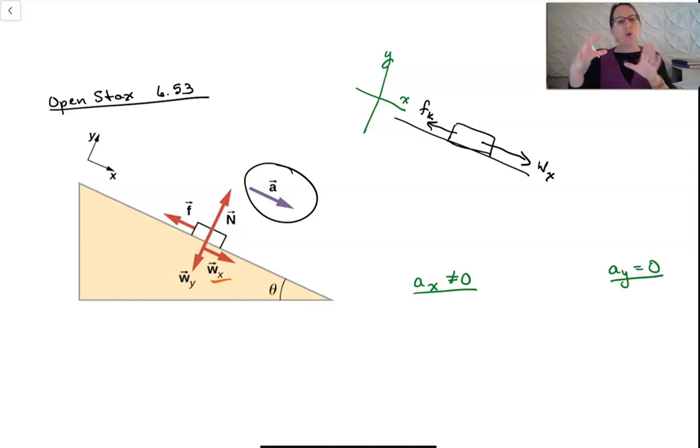If we used our normal axis, then our acceleration would have x and y components. So when we're going to do F equals ma, we try to set things up so that one of these is equal to 0, right?